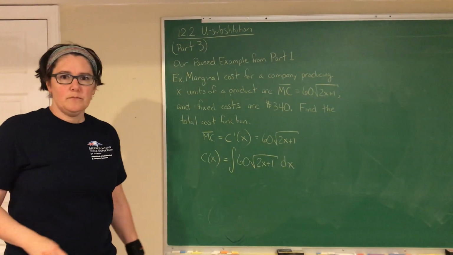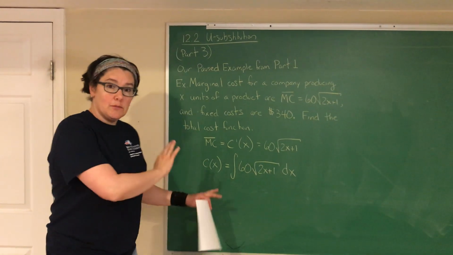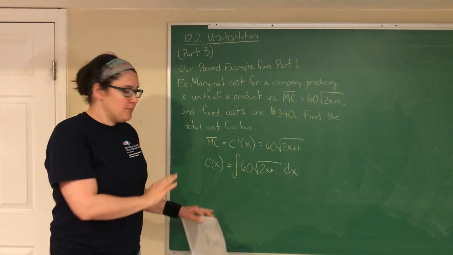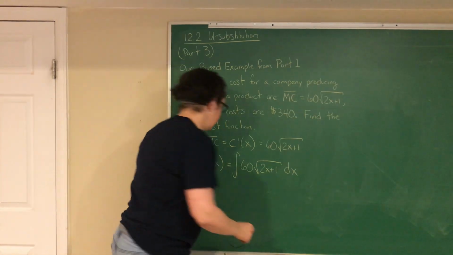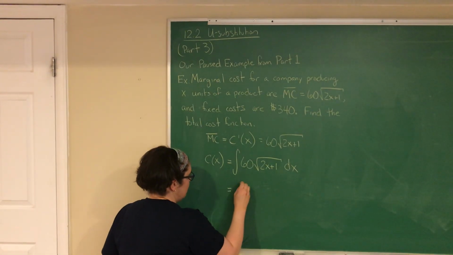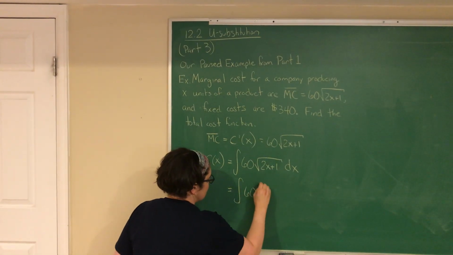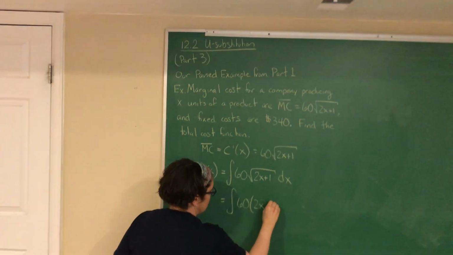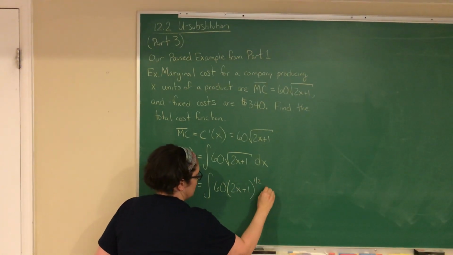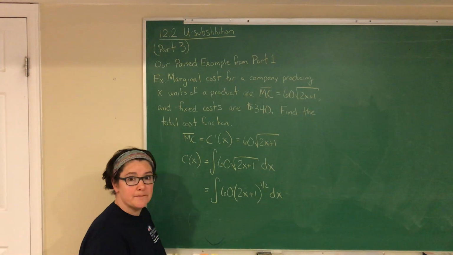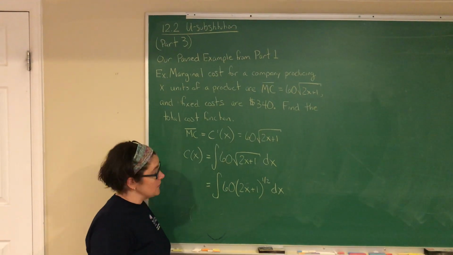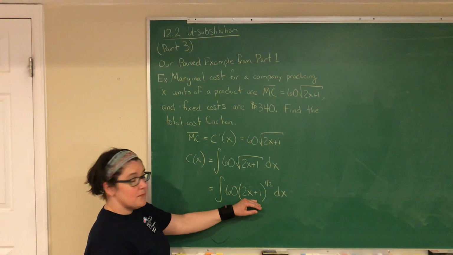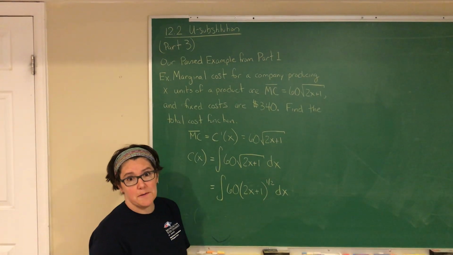Now, when we started this problem, before I paused it in part one, we had rewritten the square root as a power, so we have the integral of 60 times 2x plus 1 raised to the 1/2 dx. And this was where we stopped, because we had fancy stuff raised to a power.